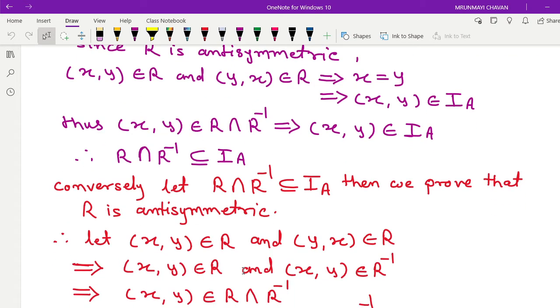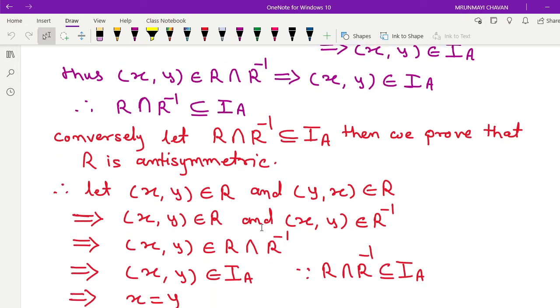So for that, let xy belongs to R and yx belongs to R. So if xy belongs to R and yx belongs to R, this implies that xy belongs to R and here yx belongs to R means xy belongs to R inverse. So xy belongs to R and xy belongs to R inverse. Therefore, xy belongs to R intersection R inverse.